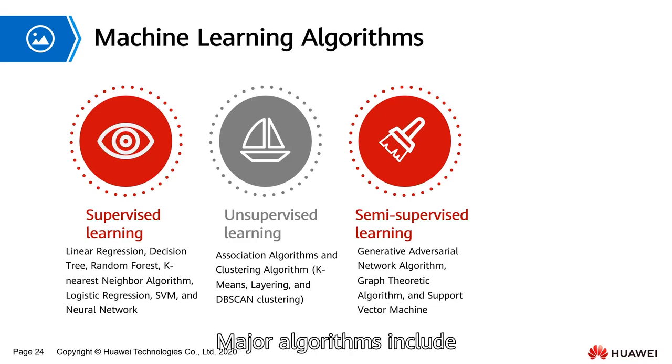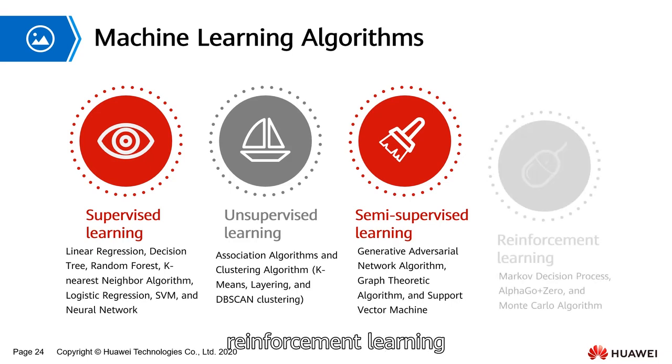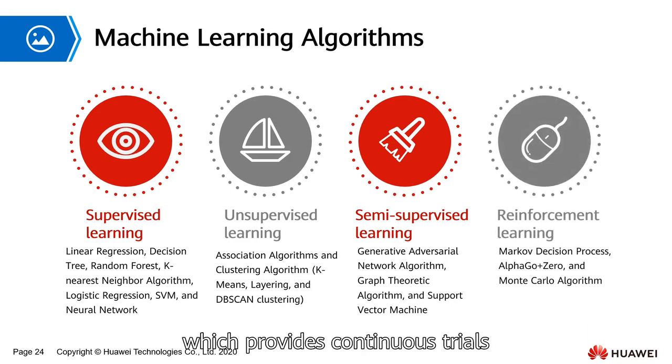Major algorithms include the GAN algorithms, graph theoretic algorithms, and SVM. The fourth category is reinforcement learning, which provides continuous trials and rewards to enable algorithms to find the optimal path or policy. Major algorithms mainly include Markov decision process and Monte Carlo algorithm.